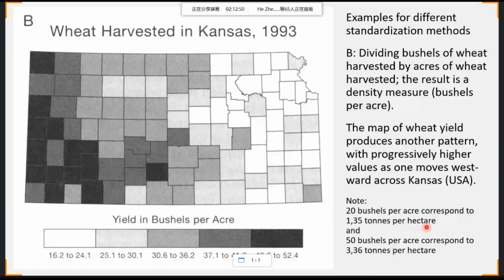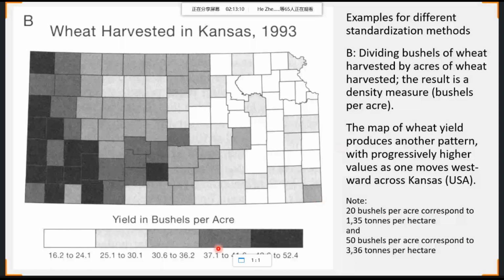And 50 bushels per acre correspond to 3.36 tons per hectare. So it's another kind of unit, simply. The map of wheat yield produces another pattern with progressively higher values as one moves westward across Kansas.